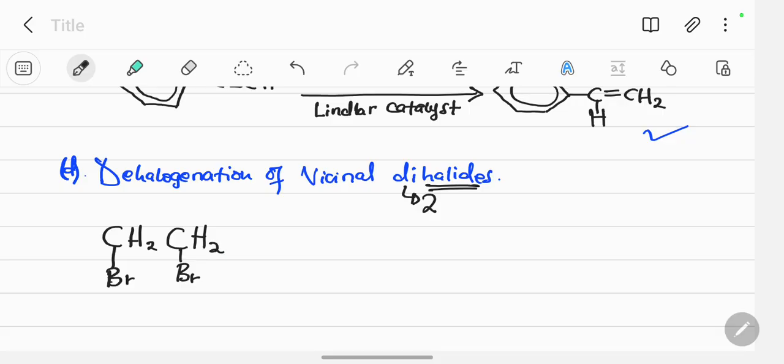So how do we prepare alkenes from vicinal dihalides? Just put in zinc and heat. It's going to give us CH2=CH2.